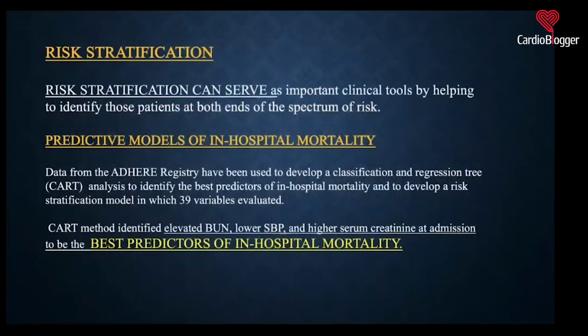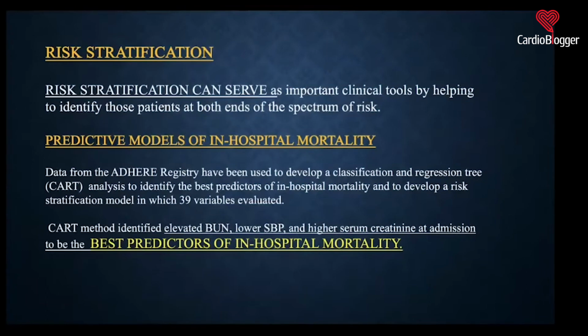Now, how do you risk stratify? Now you have already diagnosed your patient. Now you have to know which is the group of patients where I should be more careful. As I already told, there was a risk prediction score in the ADHERE registry, which was known as the CART analysis, and in that 39 variables were evaluated which tend to have a higher mortality.